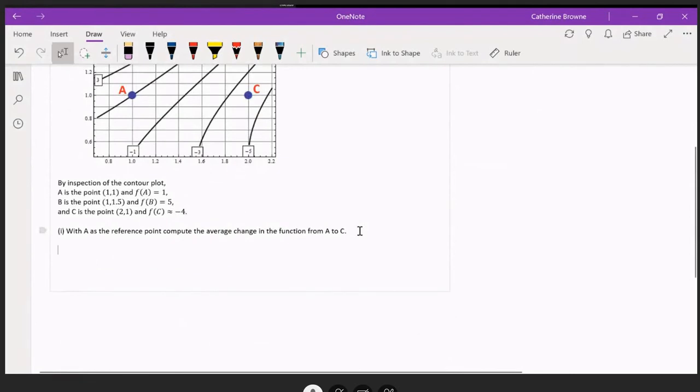So you'll have a formula to find that average change in the function, but because A and C have the same y value, there's no change in the y value.